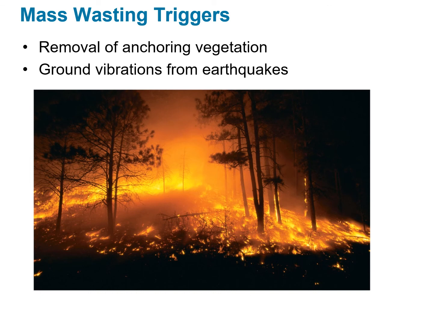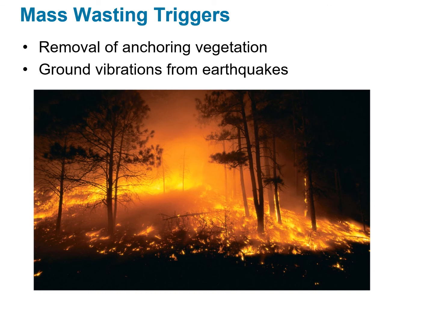Another trigger of mass wasting events is the removal of vegetation through forest fire, or perhaps we do it on purpose, doing a controlled burn. But this is especially true out in California. I recommend going on and just searching for Highway Hill Fire California, and it's unbelievable.